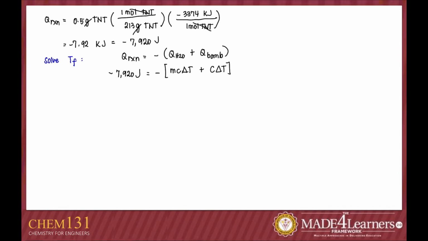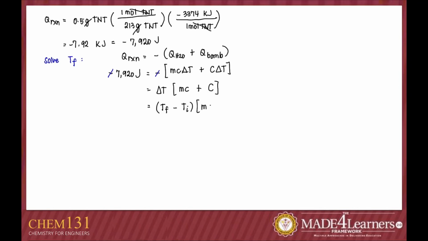So, unsay common? Delta T. So, atong i-factor out, by the way, we will cancel both negative signs, the negative signs on both sides, and then we will factor out delta T, butang nato sa gawas, and ipabili nato sa sulod ang MC and C. So, that's factoring. But delta T is final temperature minus the initial temperature. Diba?